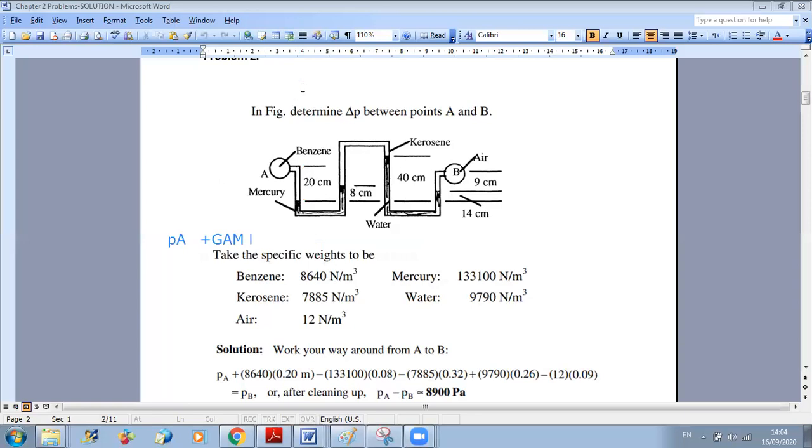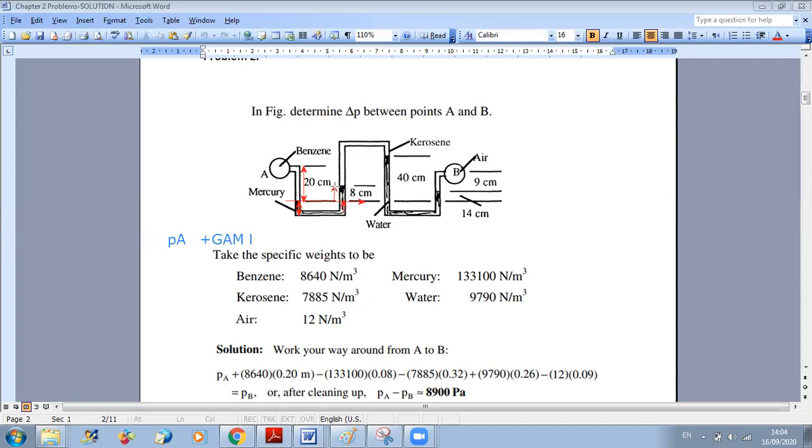As your friend said in the previous problem, I'm going down into mercury, and then I'm going up the same height. So I can skip this part. I can directly cross over from this point to this one because I am moving in the same fluid. I will go the same distance down, then move the same distance up. So no need to consider this part.